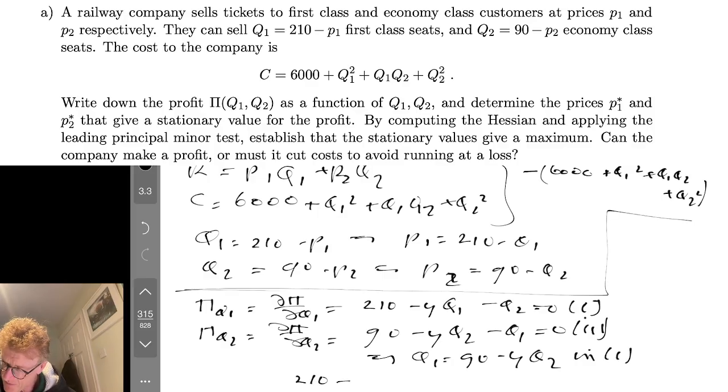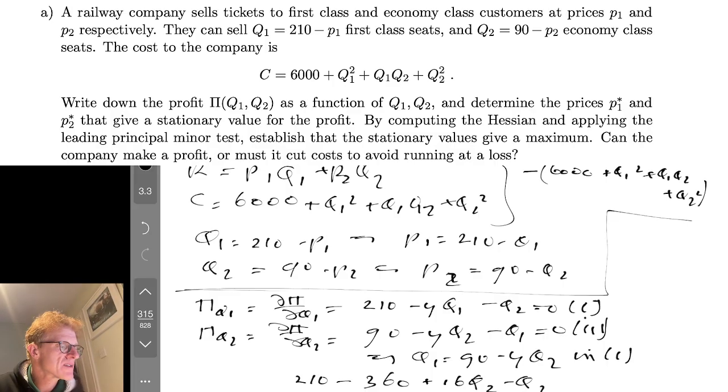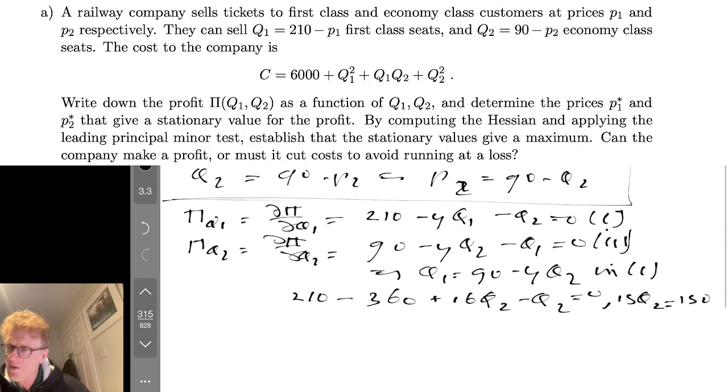So that's 210 minus 4 times 90 minus 360 plus 16Q2 minus Q2 is 0, so that's 15Q2. 15Q2 is, looks like 150, so that means that Q2 is 10, and then Q1 is 90 minus 40 is 50.